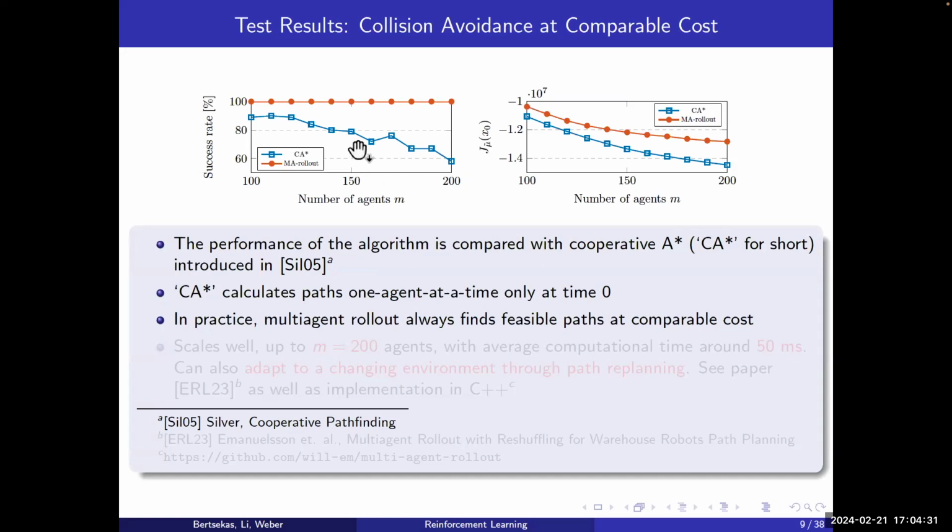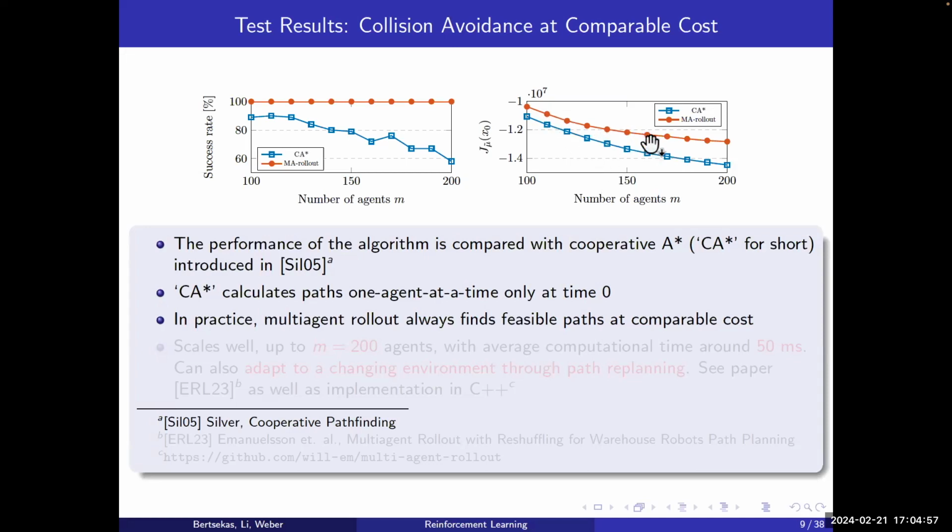And we find typically at most two reshuffles suffice. After 2 reshuffles, entirely random, agents would find feasible actions, not for the entire path, but with no collision for a certain range. And also at a comparable cost.